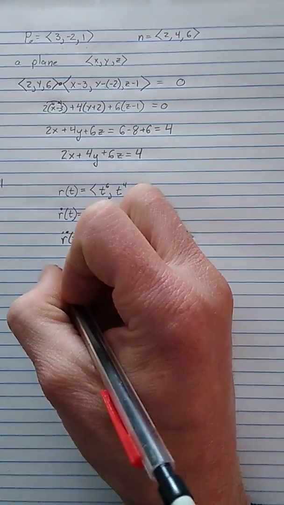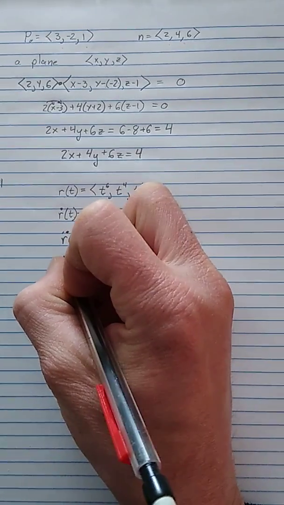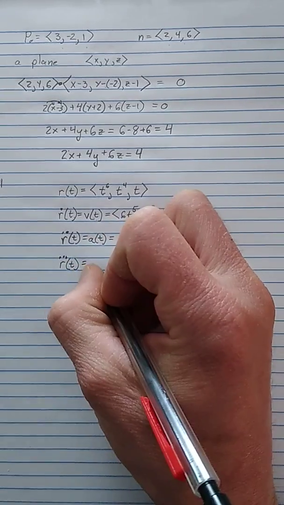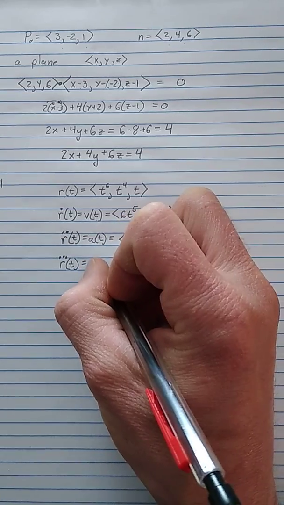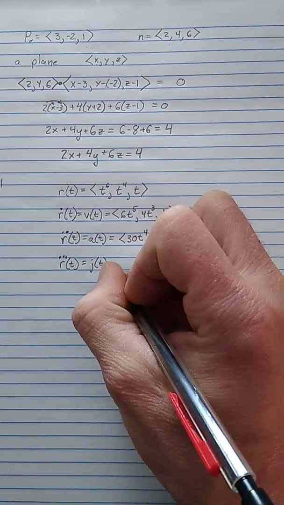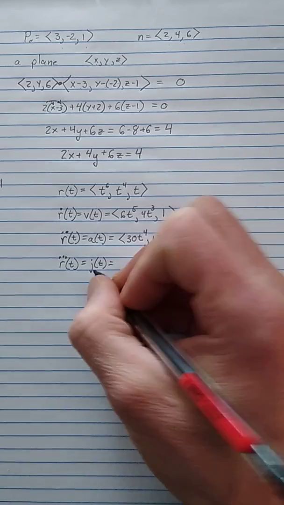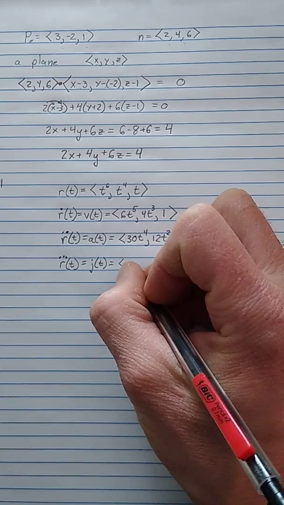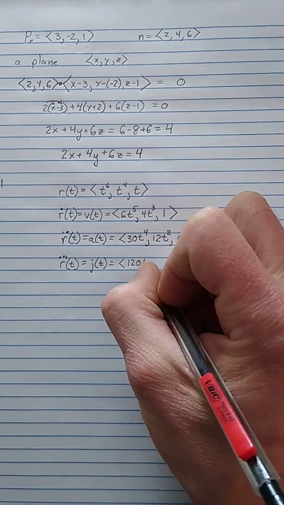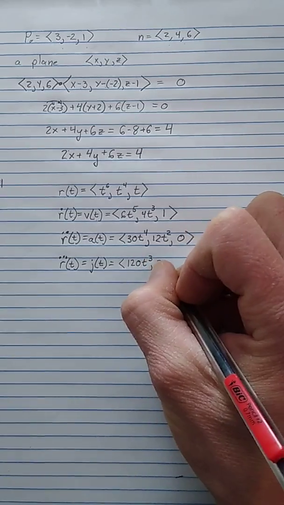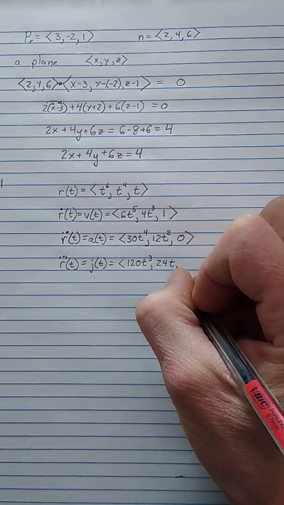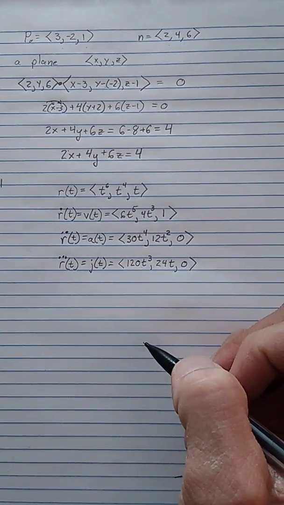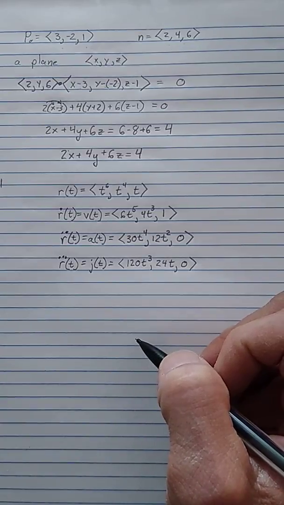If we did it again, kind of interestingly enough, our triple dot t is equal to what physicists call the jerk. So we'll use a J for jerk. There, 4 times 3, that's 120 t to the 3rd, 24 t, and 0.